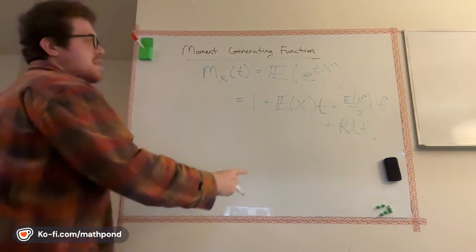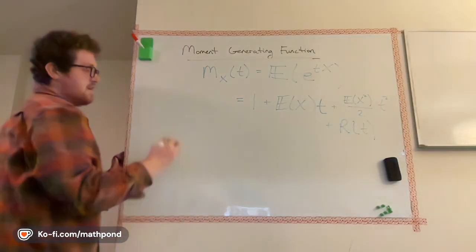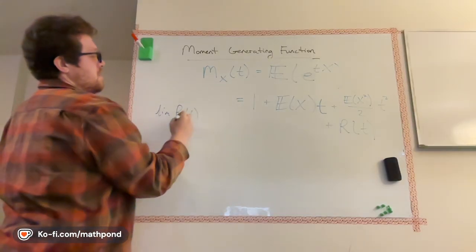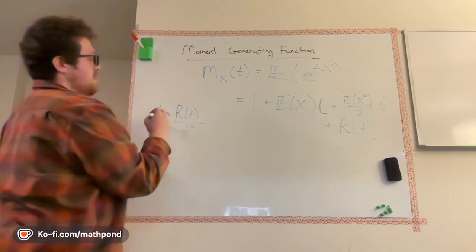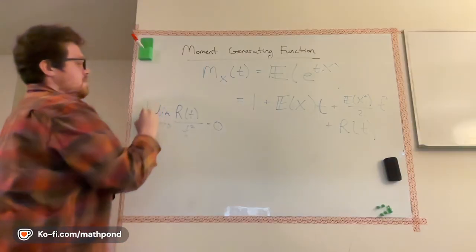This thing has all t cubed or higher terms in it, so the limit of r of t over t squared as t goes to 0 is actually just 0. So this is important.